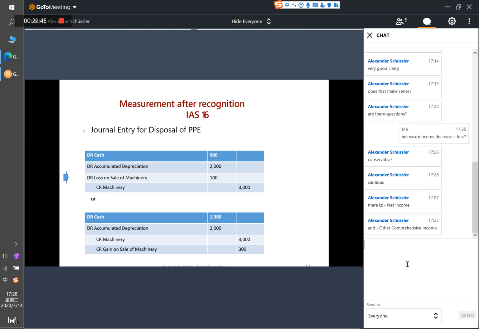These are the journal entries for disposal of property, plant, and equipment. So if a company gets rid of property, plant, and equipment, it gets cash. So debit cash.